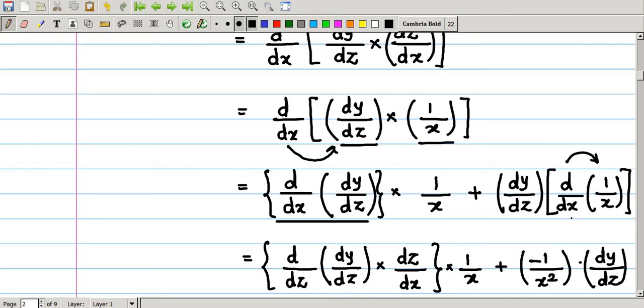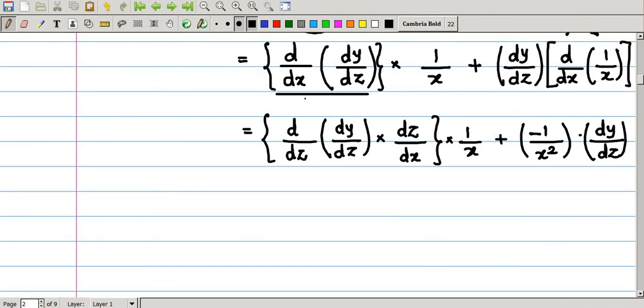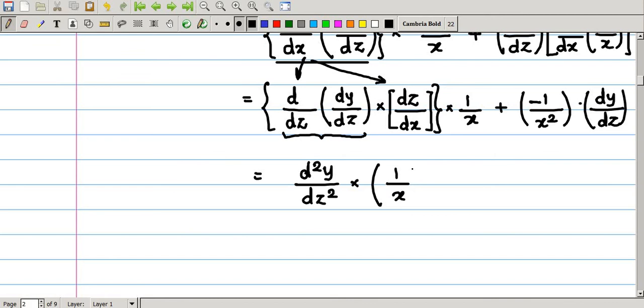So take note of this step. We have applied chain rule here, so that we can rewrite this derivative as product of these two terms. Now if you take derivative, we get second order derivative of y with respect to z into value of dz by dx, which is 1 upon x, into 1 upon x will be 1 upon x square, minus 1 by x square into derivative of y with respect to z.